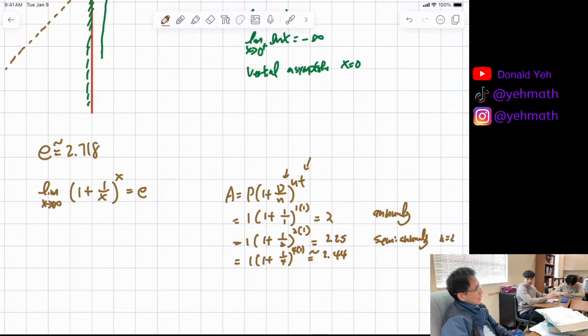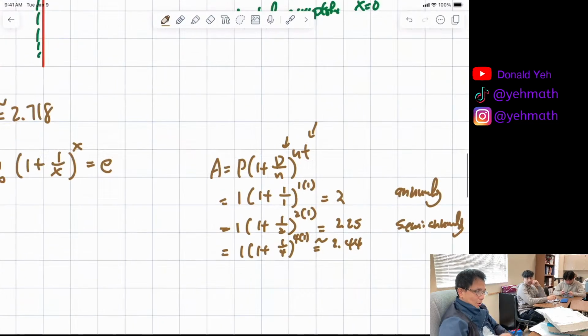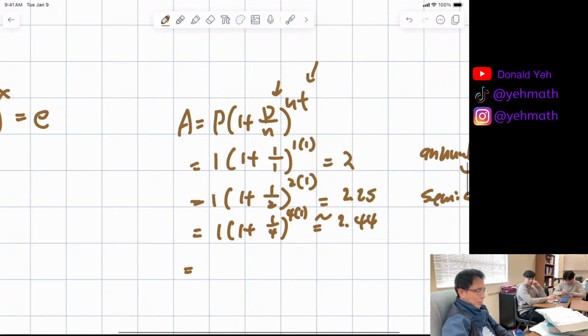How many seconds in a day, right? Times how many days in a year? Well, this one, n is, yeah, I can compound every second. In a year, so 365 times. So what I'm gonna do is compound every single second, right?